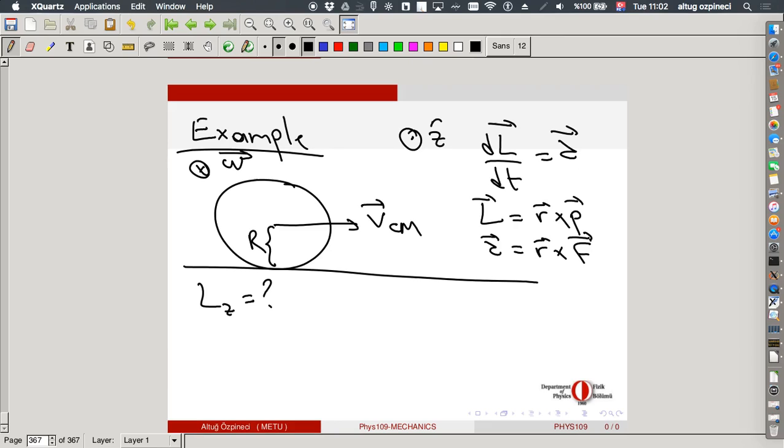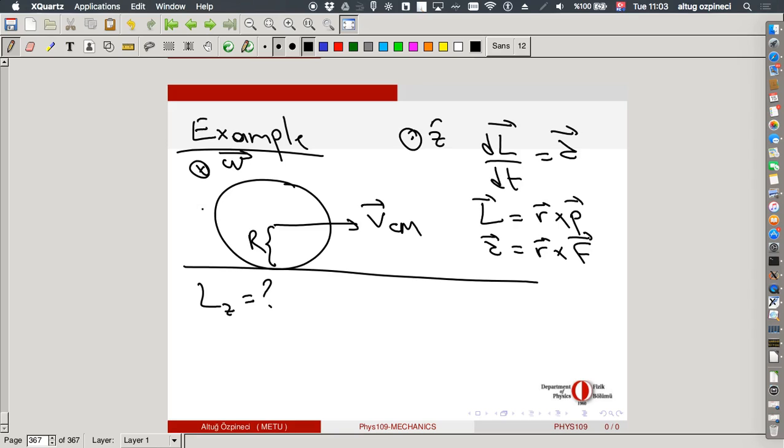Without specifying this r, or without specifying an origin, we cannot talk about the torque, we cannot talk about the angular momentum, because if we change our origin, we will change the torque and we will change the angular momentum.